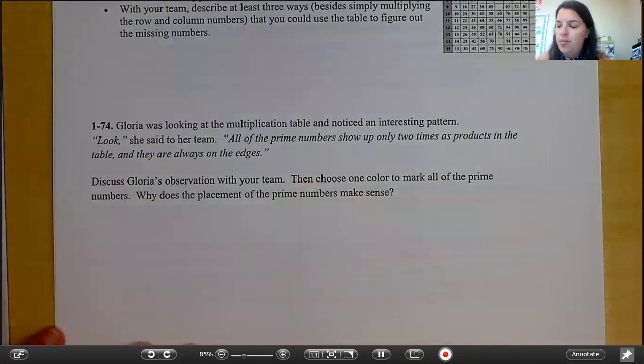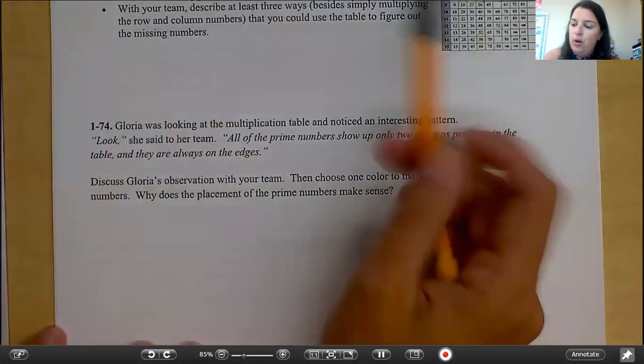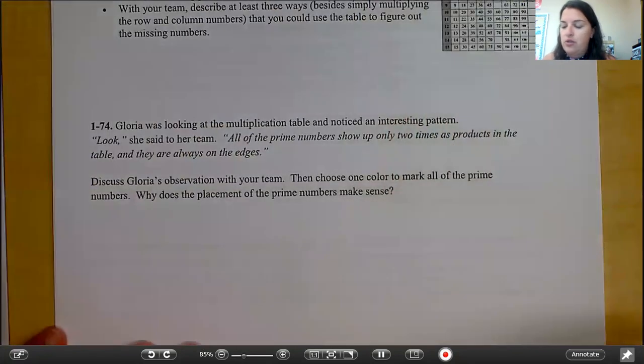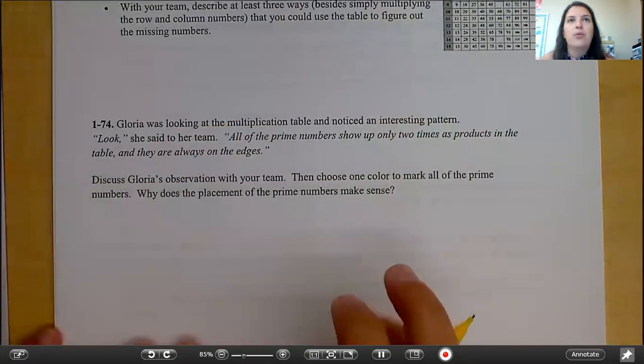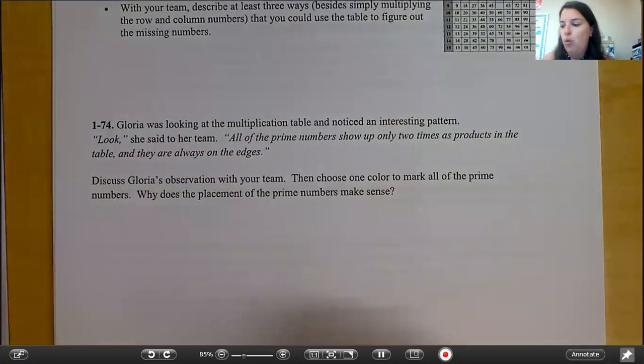So if you've answered this problem, hopefully from the introduction, you can also see that 1 times 6 equals 6, so 1 and 6 are factors. So when we have a prime number, we want to remember that it's the number times 1.